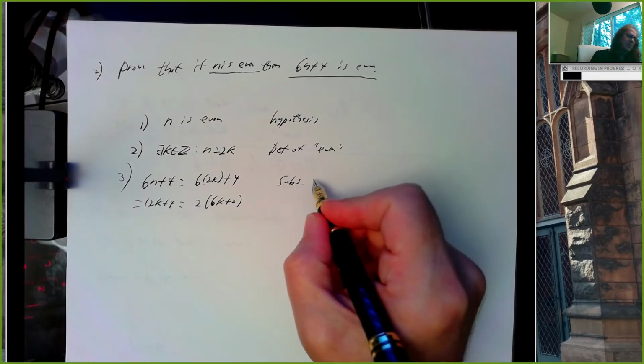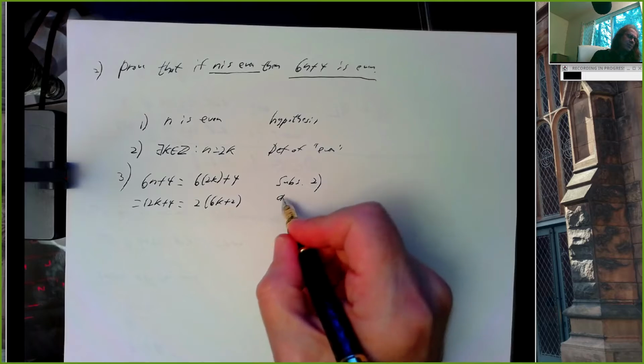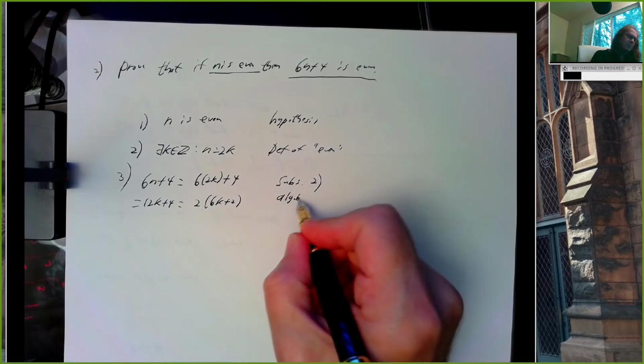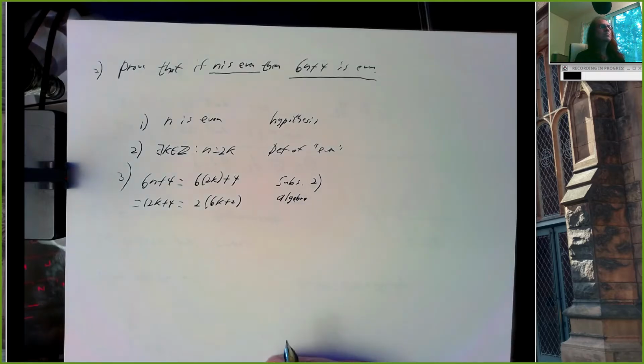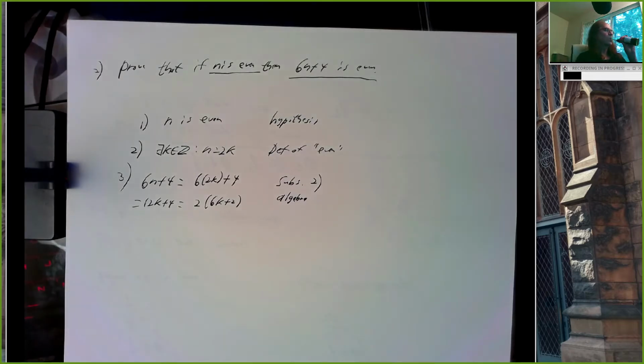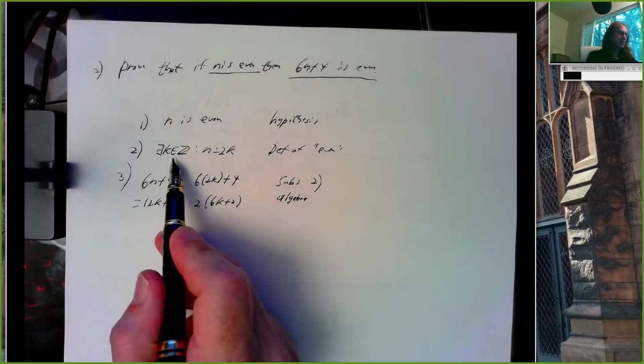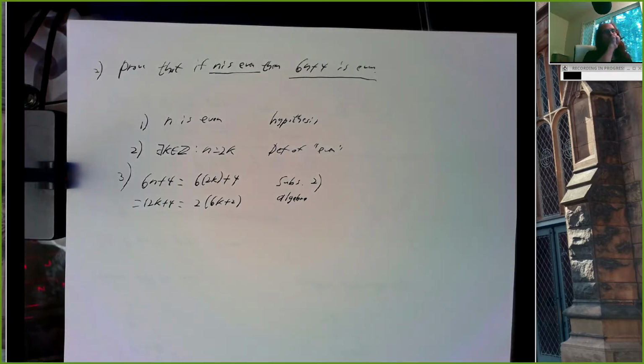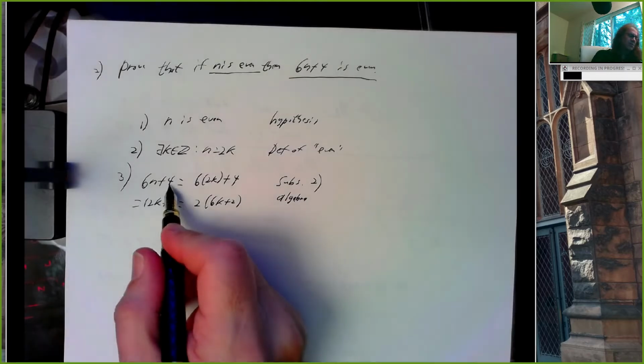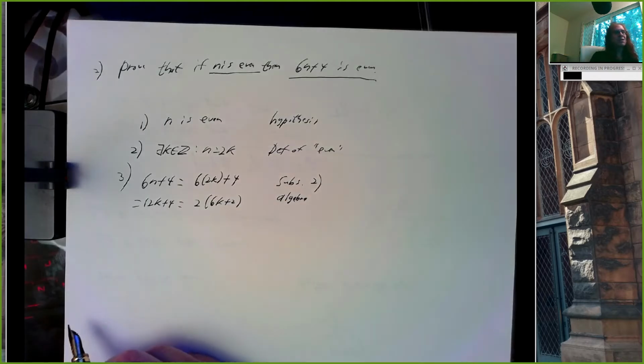And this is substitution from 2 and algebra. Backwards e is there exists, correct? So there exists an integer k such that n equals 2 times k. Alright, well I've shown 6n plus 4 equals 2 times 6k plus 2.